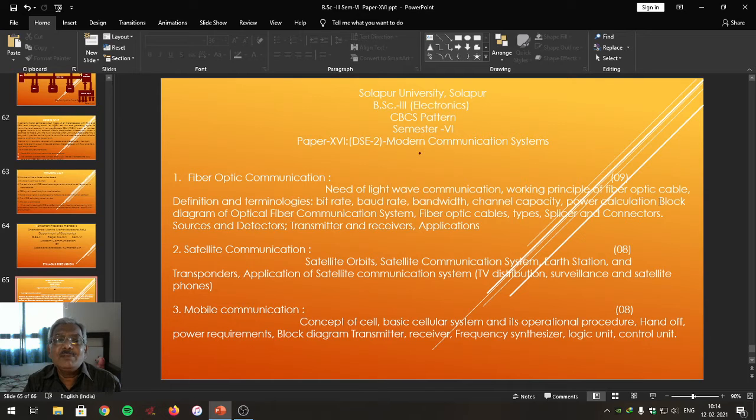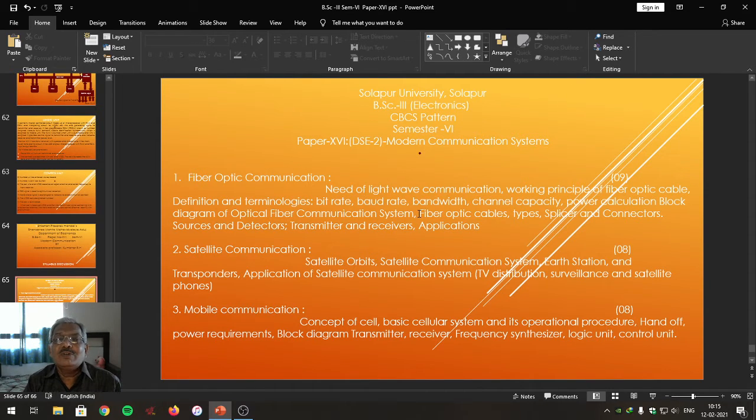Friends, you might have studied bit rate, baud rate in the microcontroller paper. In consultation with that, we are going to define these terms which are used for the purpose of communication.